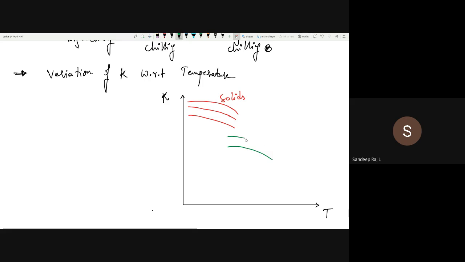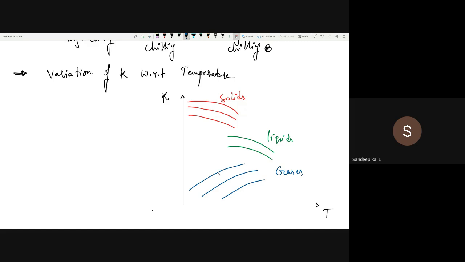So I will come here, even lesser than the solids. This is the liquids, and then I'll have gases also. So this is how the temperature variation happens in solids, liquids, and gases. You can observe the thermal conductivity of solid is high, then liquids, then gases. That is also observed very clearly in this graph.